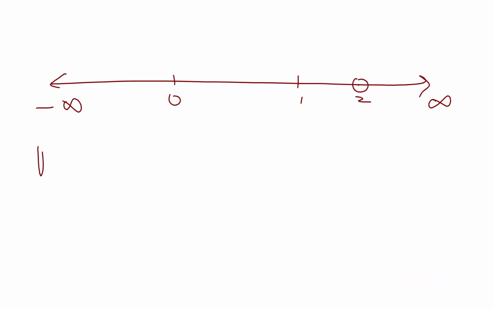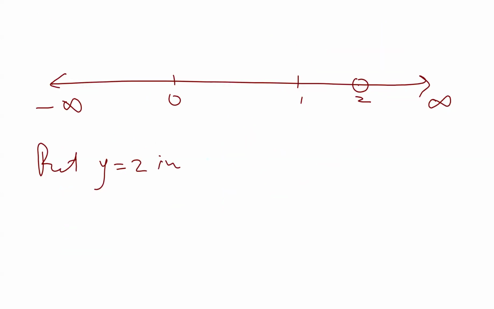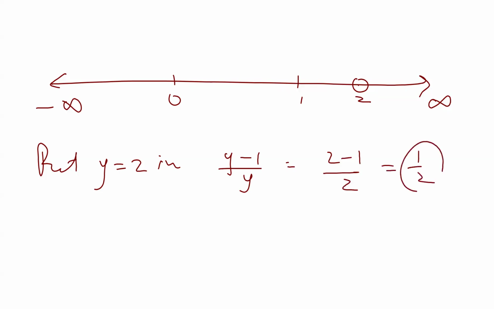Put y equal to 2 in y minus 1 upon y, the left hand side. This is 2 minus 1 upon 2, which is half. So for y equal to 2, we got a positive answer. 2 represents the third region.